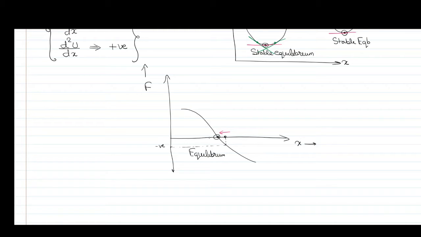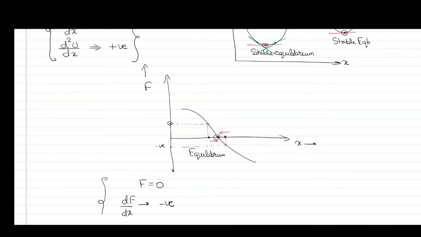And if there is a point before the equilibrium position, the sign of force is positive. It means that it is in this direction. So for the Fx graph, we have to remember that F is 0 and dF upon dx must be negative.